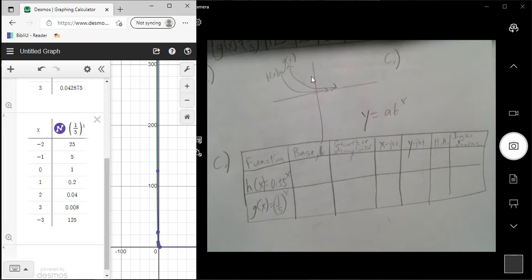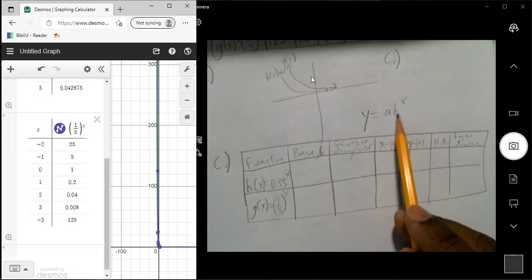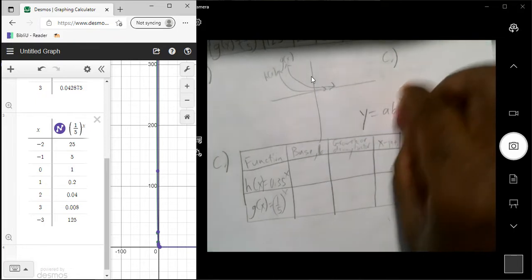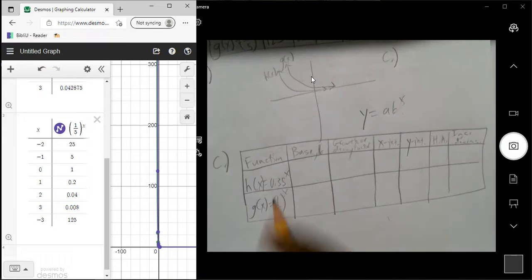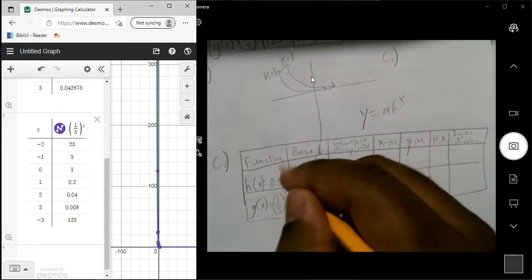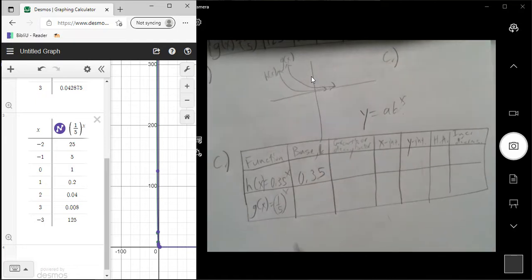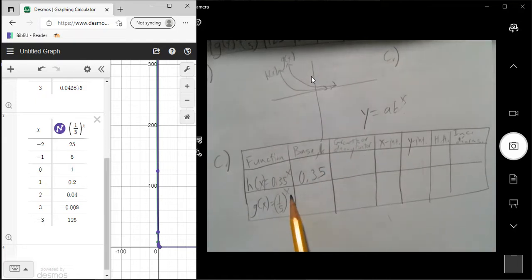So now we want our base here. So we have a, and then b is what's taken to the x power. So with that being the case, you notice with this equation, 0.35 is being taken to the x power, so it'll be 0.35. 1/5 is taken to the x power, so your base b would be 1/5.